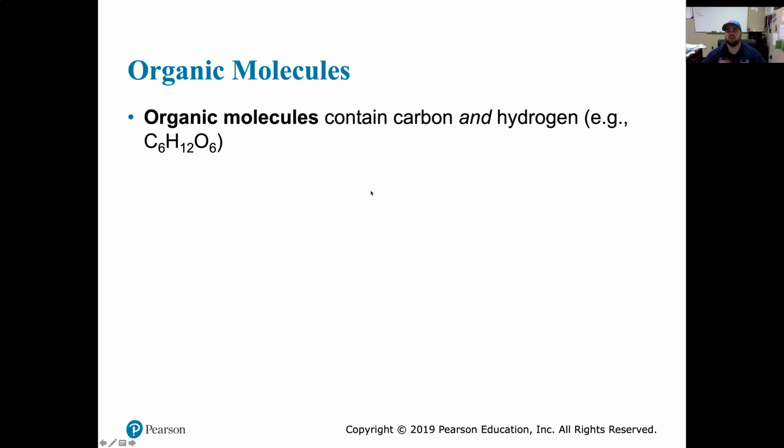Methane, which is CH4, 1 carbon, 4 hydrogen. There's a lot of other sugars like sucrose and fructose that have the same kind of CHO formula as glucose. The numbers may be different, but they have a similar structure, a similar arrangement in terms of atoms: carbon, hydrogen, and oxygen.